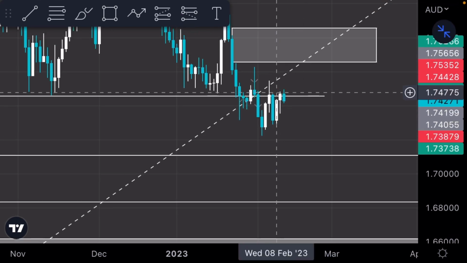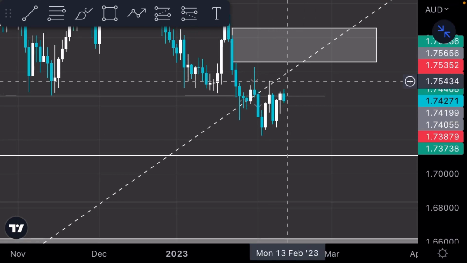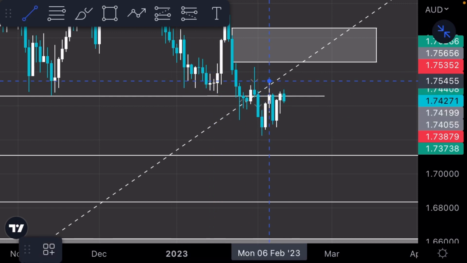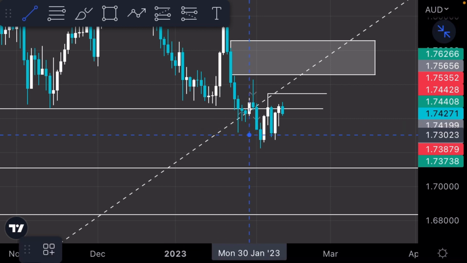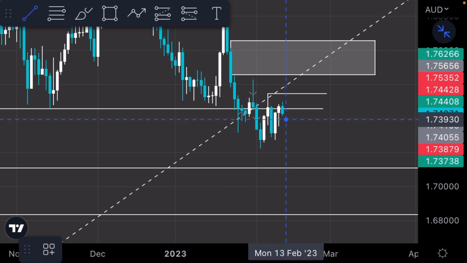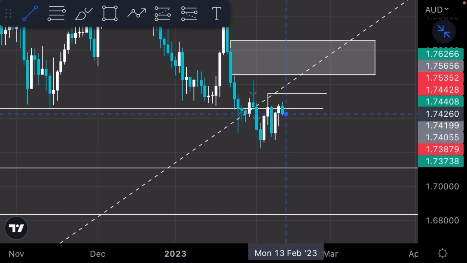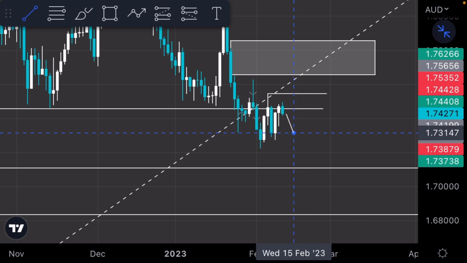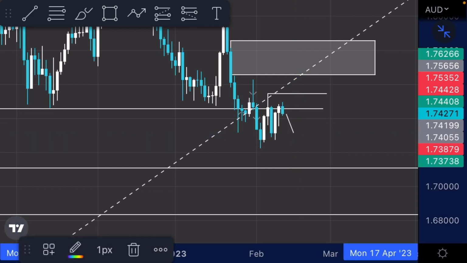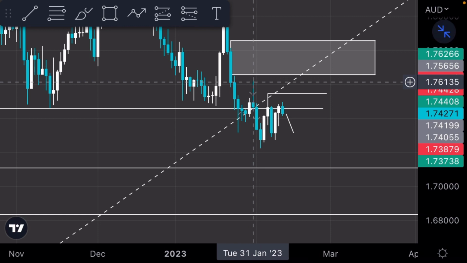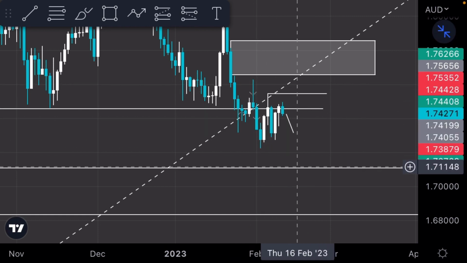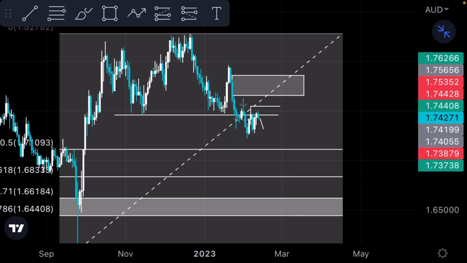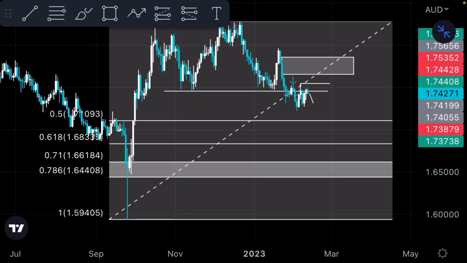If price takes out this high on Monday, then it's indicating signs of bullishness for next week. But if we respect this high and keep showing signs of weakness, if we create a bearish candle on Monday, then we are most likely bearish for the week, because we can see a lot of rejection around these levels. So most likely I'm expecting bearishness down to the 50% retracement level on the higher time frame.